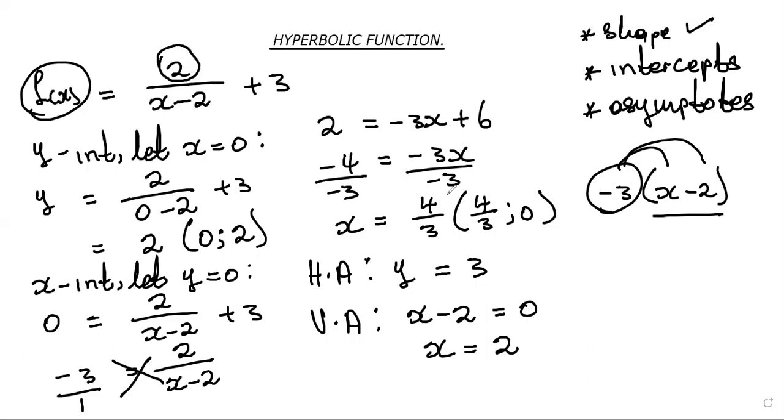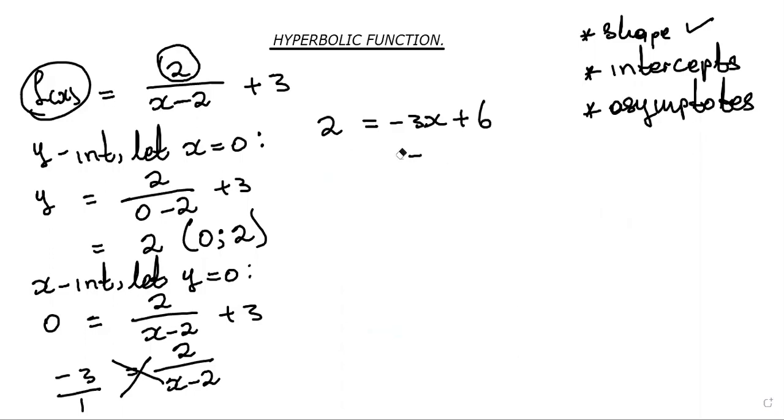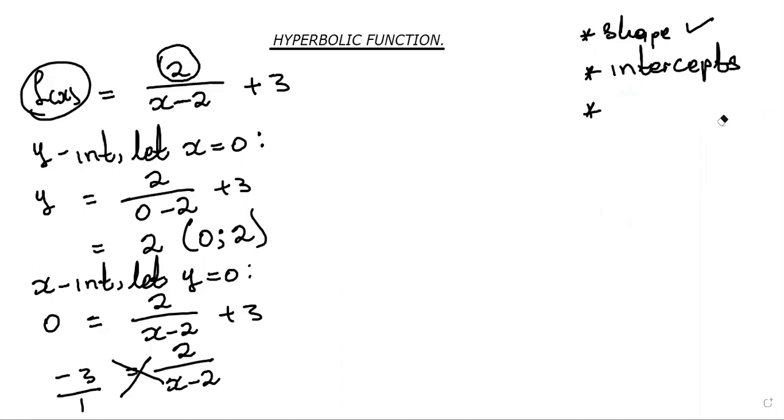Then what is remaining is to make a sketch. So let's get rid of part of everything here. If you must make a sketch, I think the first thing you must put is your asymptotes.